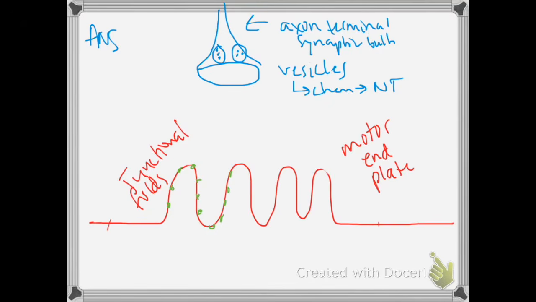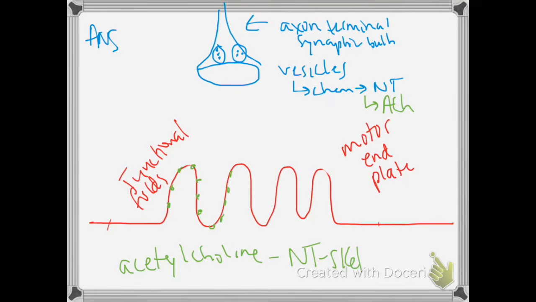What neurotransmitter are we looking at for skeletal muscle specifically? This is called ACH, acetylcholine. So acetylcholine is the neurotransmitter for skeletal muscle, and it's abbreviated ACH. So we'll use ACH for now. On the other side, these chemicals have to bind to receptors.